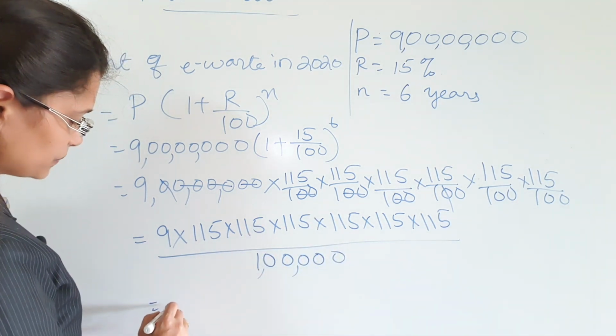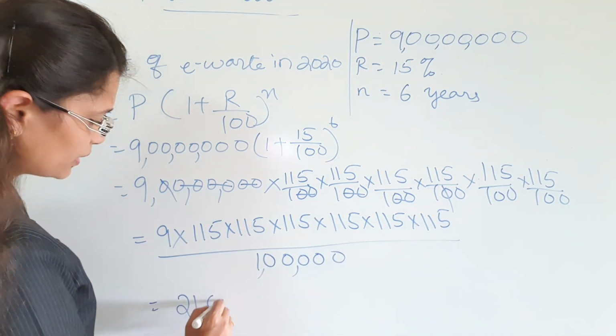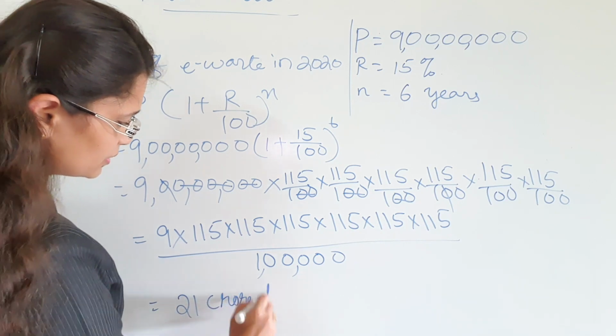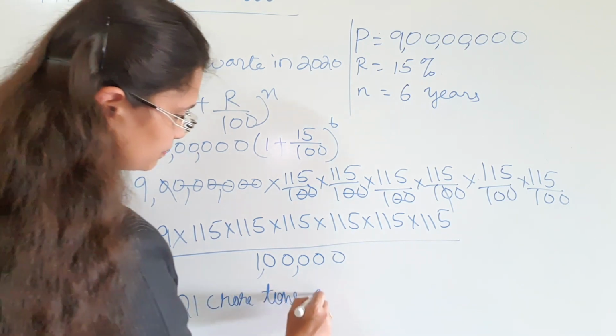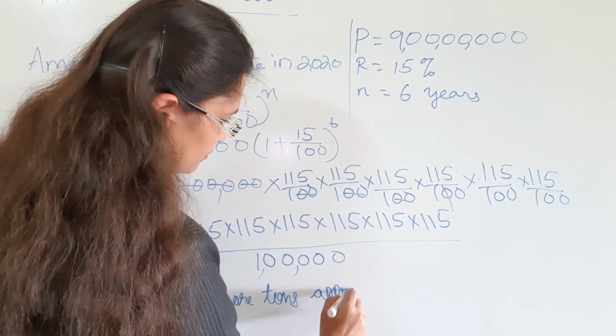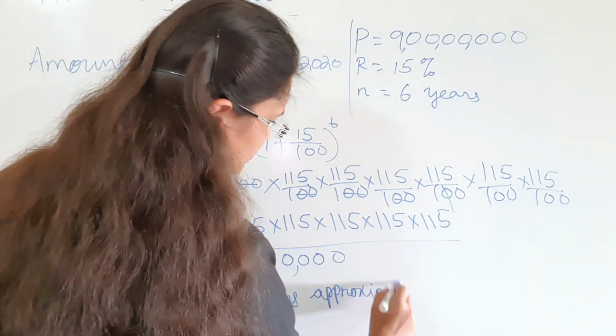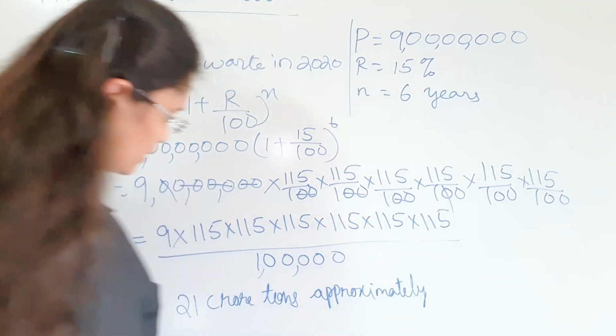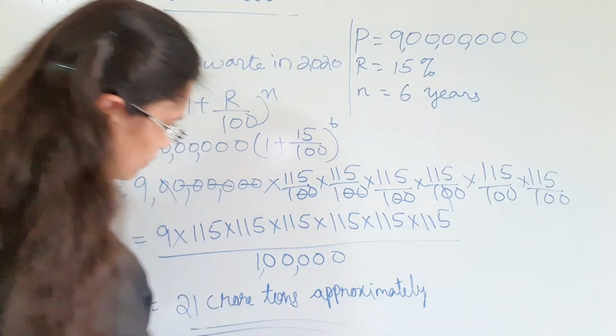So, you will get 21 crore tons approximately. You can use a calculator for this.